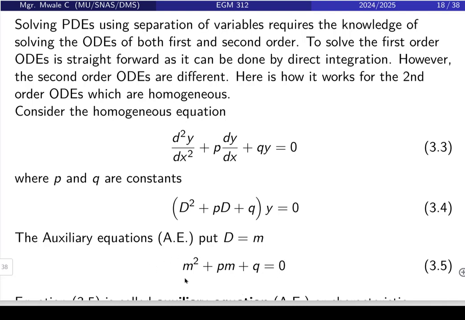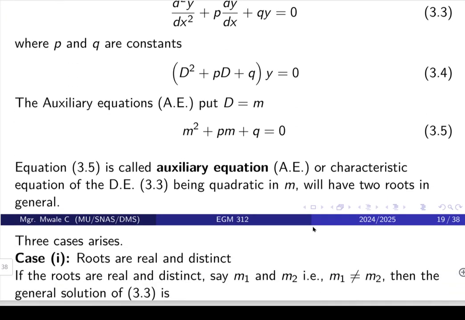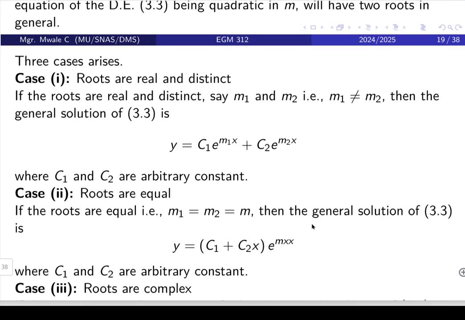It gives three cases because it is just a quadratic equation. You can have equal real roots, distinct real roots, or complex roots. So we have the three cases as follows.